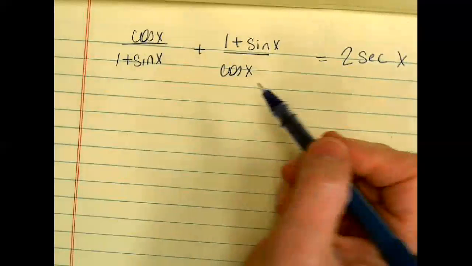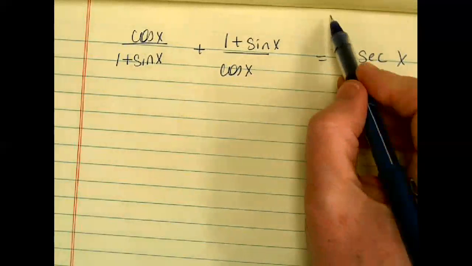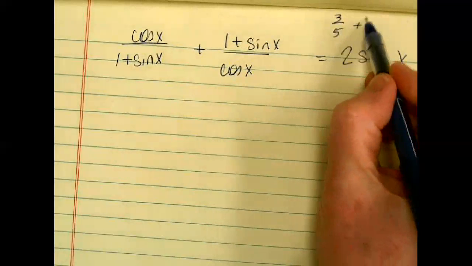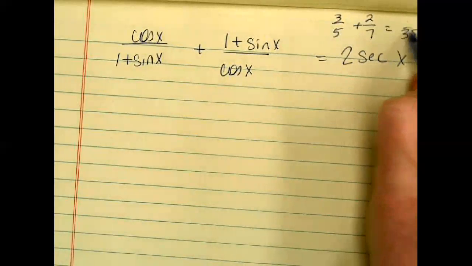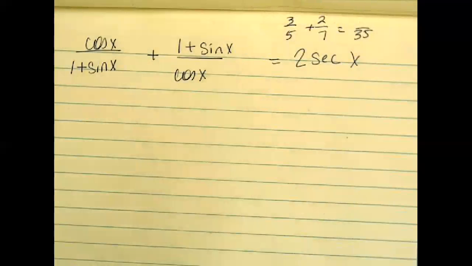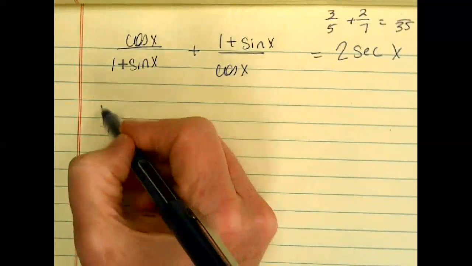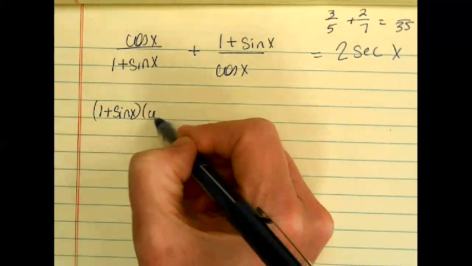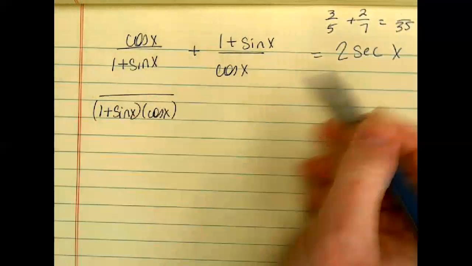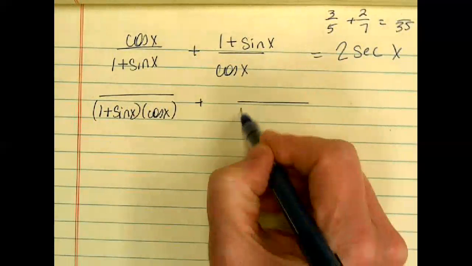And the common denominator, this is one of those times where you have like 3 over 5 plus 2 over 7. The only common denominator you're going to get for that is 35. You just multiply the two things together. So the common denominator is 1 plus sine x times cosine x. So I've got to transform that fraction into that and this fraction.